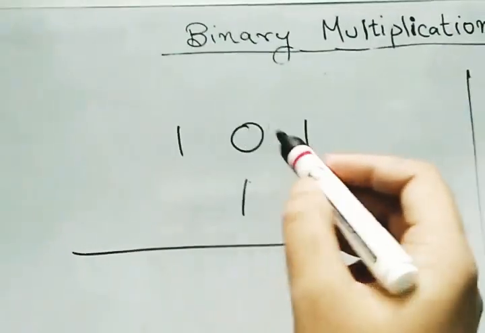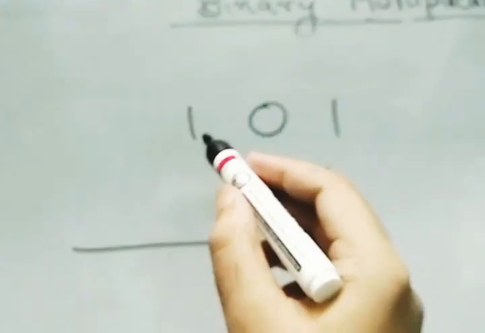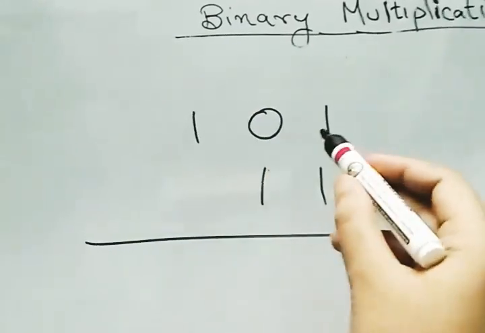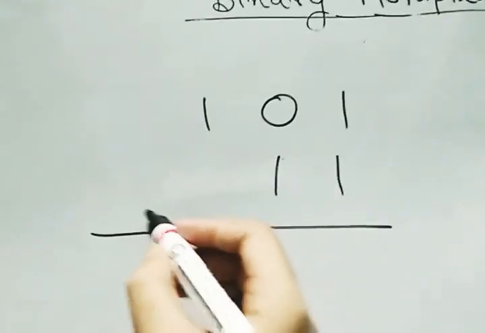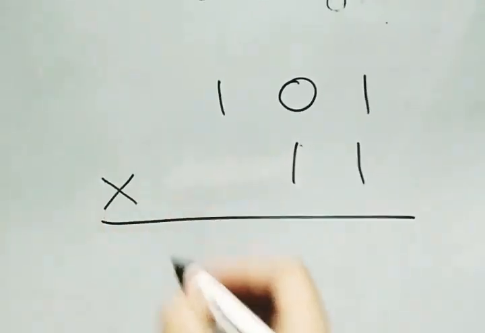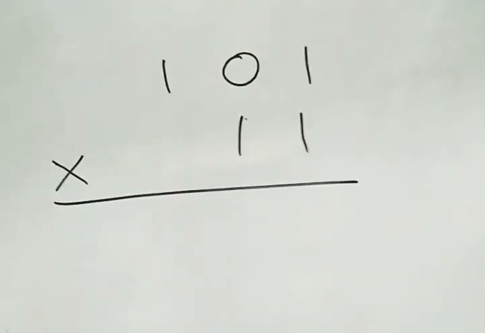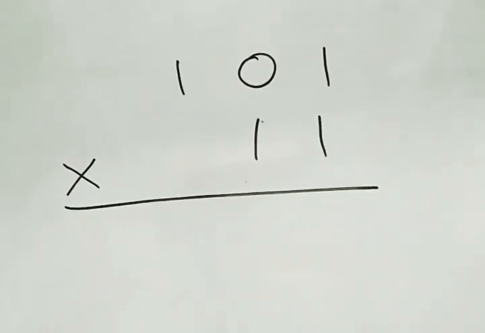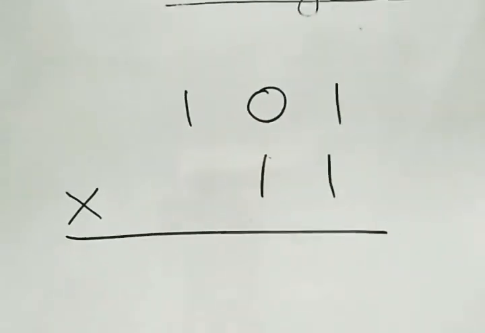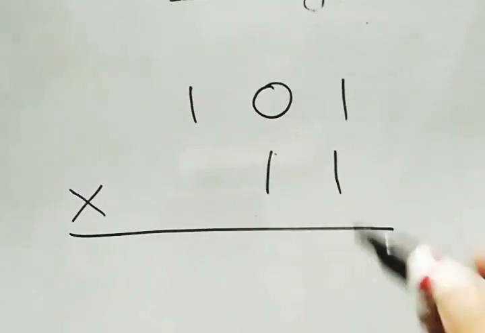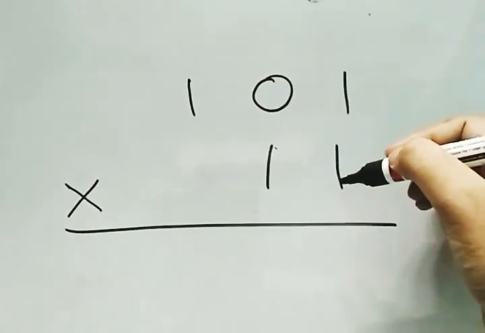So we will multiply two simple binary numbers. First number is 101, second number is 11. We'll put the multiplication sign here, and just like decimal we'll multiply. There is no extra rule for multiplication, very easy it is. How we do in decimal, like that we'll do.